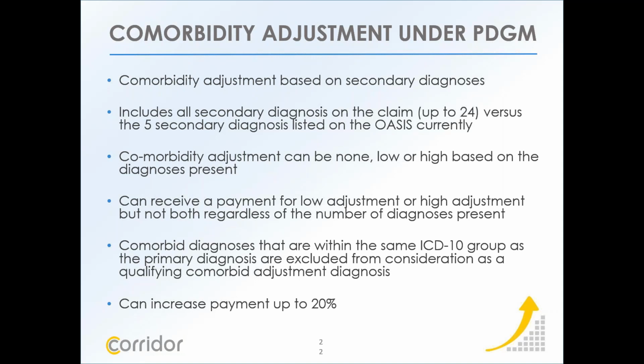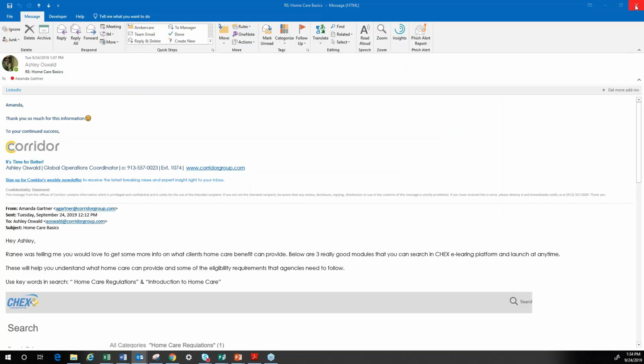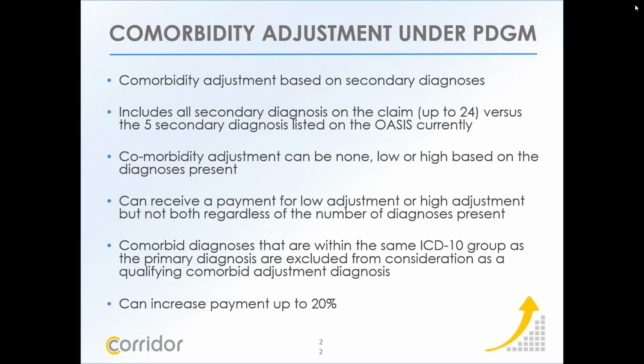As it says here, it includes all secondary diagnoses, up to the additional 24, versus the 5 that we have now. Under PDGM, we'll have 24 secondary diagnoses that can be on the claim. The comorbidity adjustment can fall under none, low, or high, based on the diagnoses that are present.